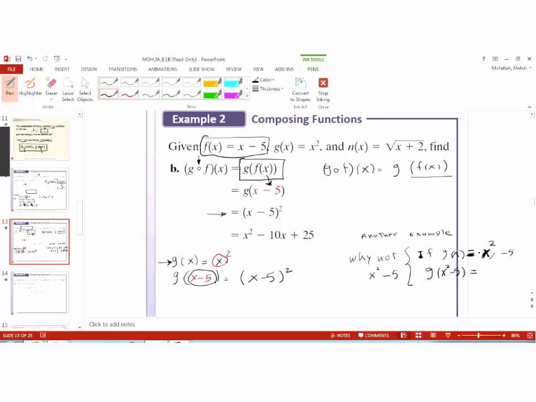That's all it means. You substitute for each x in g of x all this stuff here. Would that be enough of a hint?